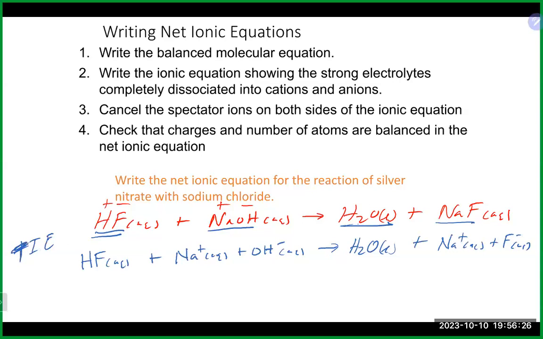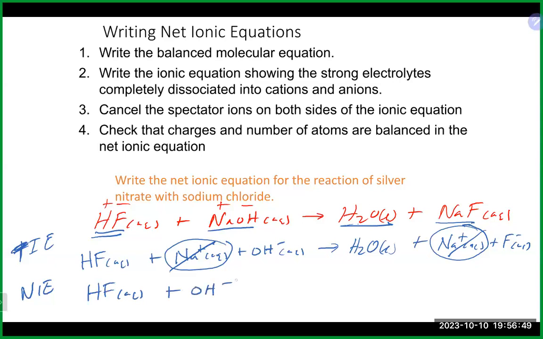Our spectator ions in this case is what? It is just sodium in this case because we have that weak electrolyte involved. So it's only going to be the sodium that's going to actually cancel in this case. And what that will leave us for our net ionic equation is the HF will still be together like it is in the solution.